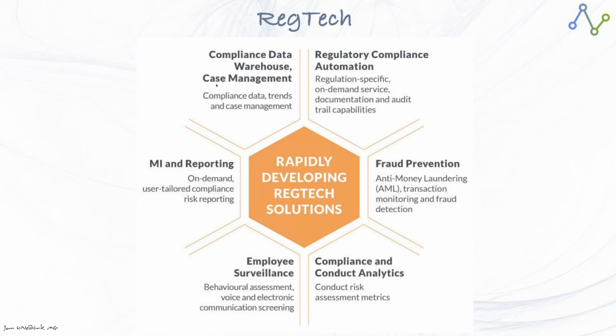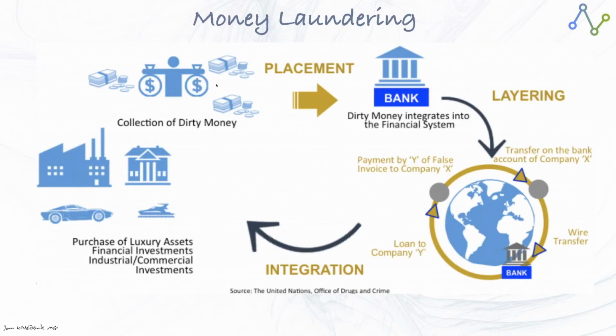Okay, let's look a little bit into money laundering schemes. This is a money laundering scheme. You can pick that up from the internet, from wherever. It's collecting of dirty money. That's always where it begins. You place it somewhere, you layer it, so you distribute it to some other banks, hiding the source of your funds, and then integrate it again, purchasing luxury assets, goods, buildings, whatever.